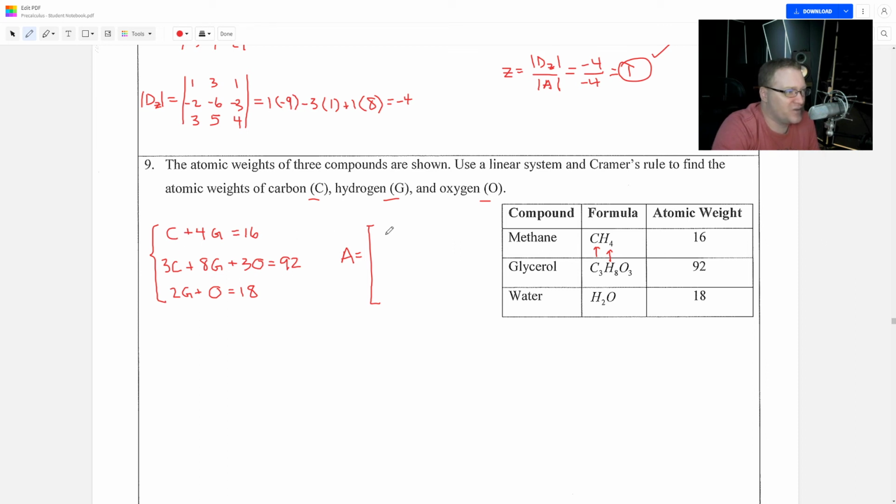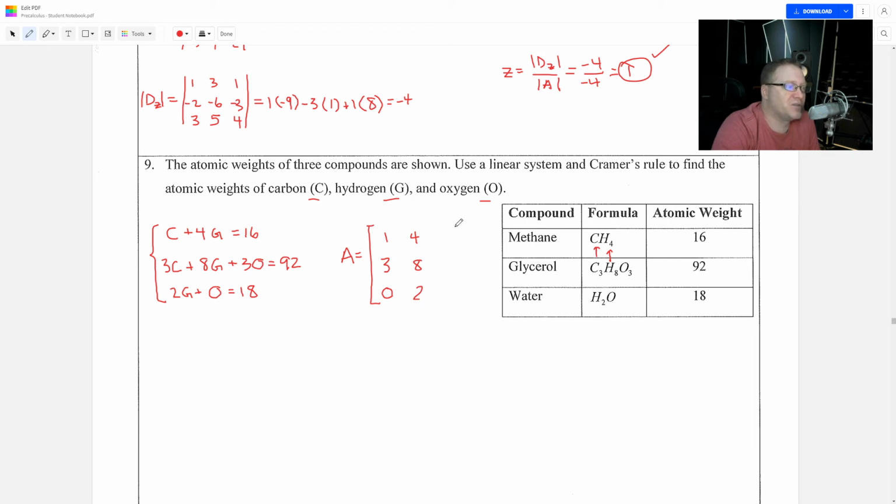In this one we have 1 C, in this one we have 3 C's, and in this one we have 0 C's, so we're going to put a 0 here. Next, we're going to put all of our G's in the next column. So we have 4 G's here, and then we have 8 G's, and then we have 2 G's.